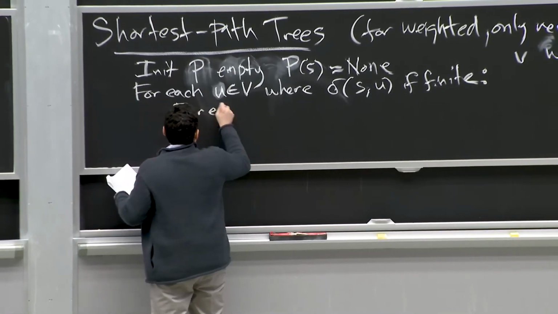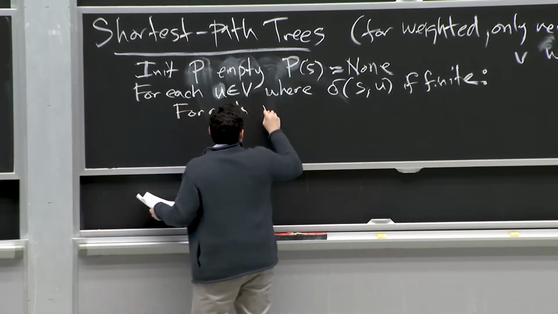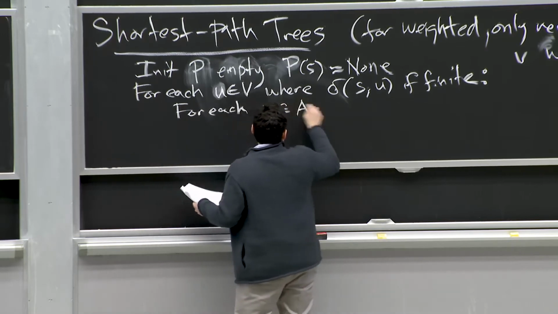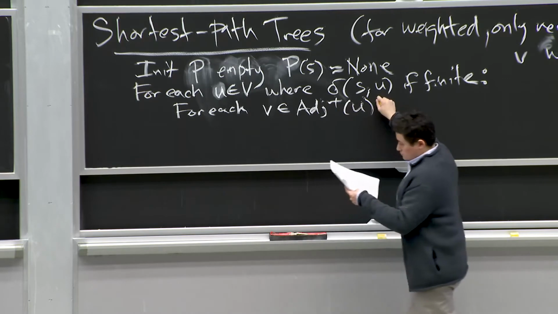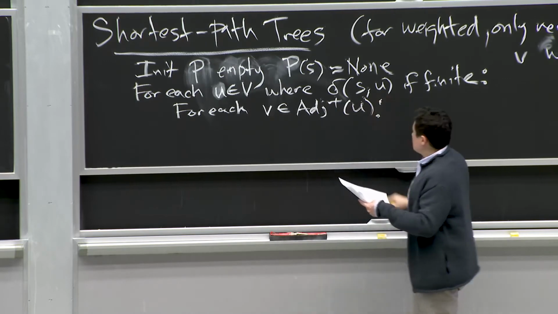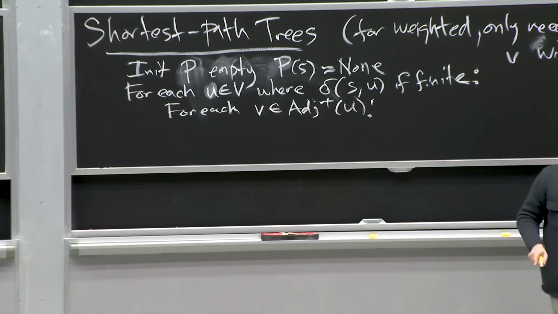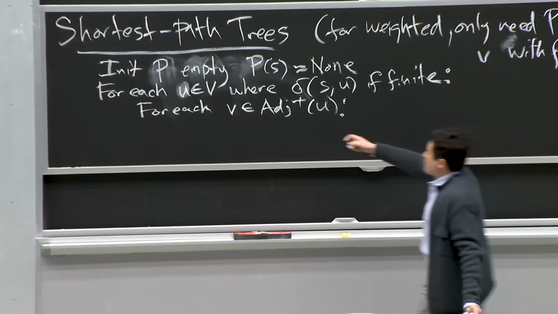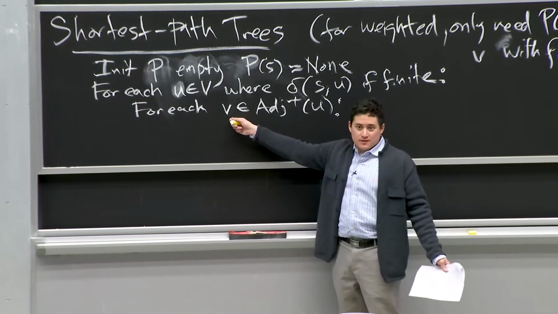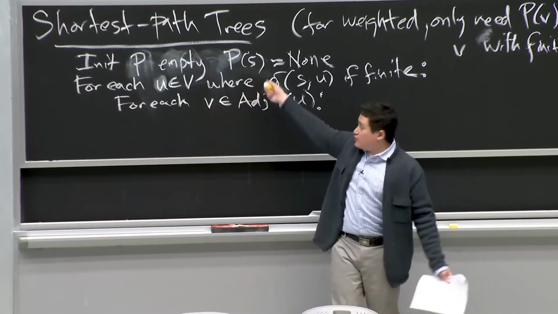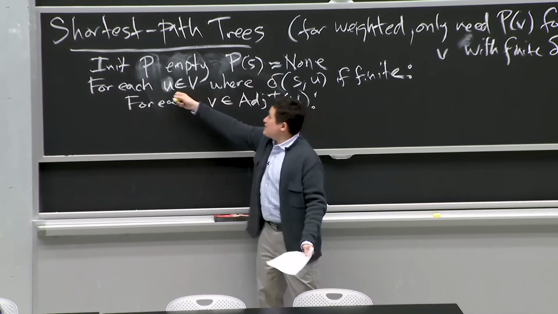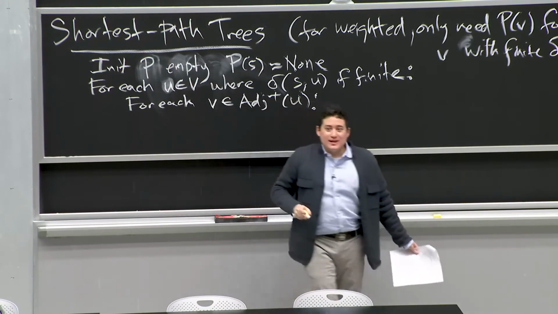For each v in the outgoing adjacencies of u, if there's no parent pointer assigned to this v, there's the potential that this vertex u is the parent of v.